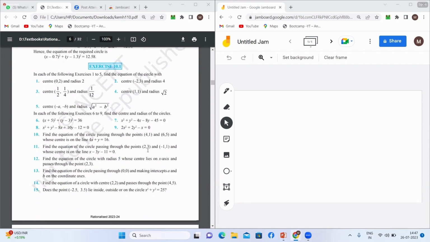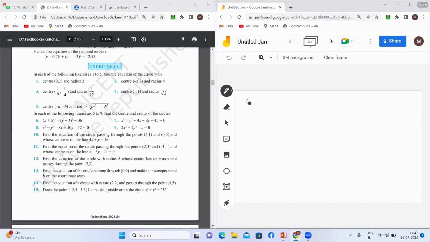This is our exercise 10.1. Let's start. In the first question, we have to find the equation of the circle, and we are given the center and radius. There are 4 parts. Let me start with the very first one. What is given to us?